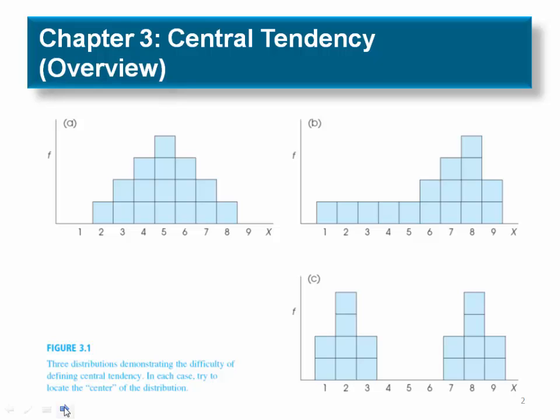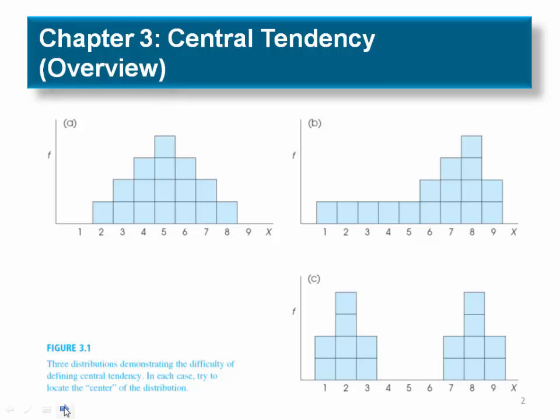The figures on the slide are shown in figure 3.1 in your book, which is on page 61, and shows three different distributions. The appearance of these histograms demonstrates the difficulty of defining central tendency. In each case, the center of the distribution would be a different number.